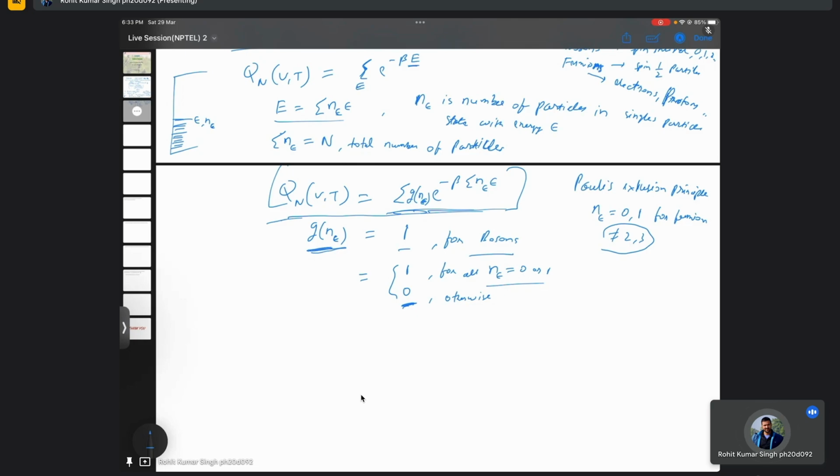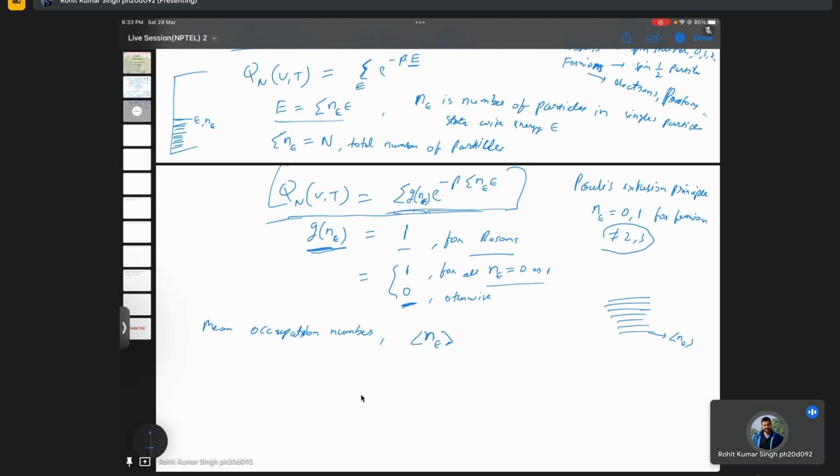So one important quantity is called the mean occupation number, and it is given by this, Ne average. Okay, so what it means is, you have these energy states, and for a particular energy state we want to know the mean number of particles that are there.